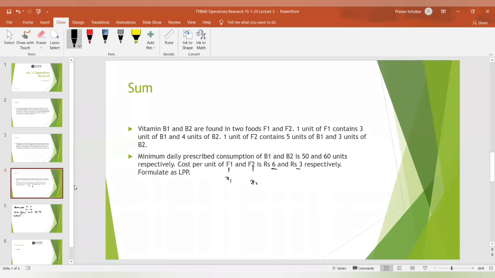This is wrong, Mohita, minimize z is wrong. It is minimize cost. I have written 6x1 plus 3x2. This is cost, consider this one.